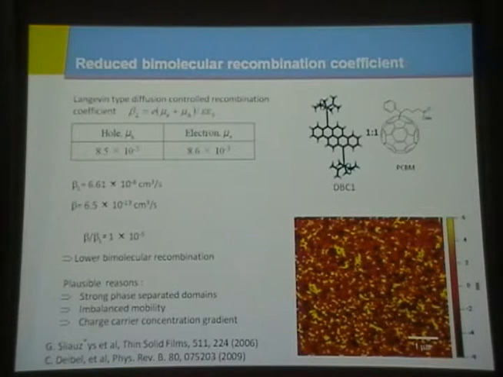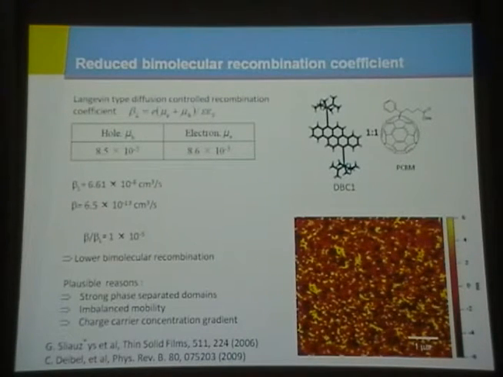If we take this value and measure the Langevin recombination coefficients, they are in the order of 6.1 times 10 minus 8 cubic centimeter per second. And we remember the bimolecular recombination coefficient is in the order of 10 minus 13. So the ratio of bimolecular recombination to Langevin recombination is in the order of 10 minus 5. These are huge numbers, the measured values.